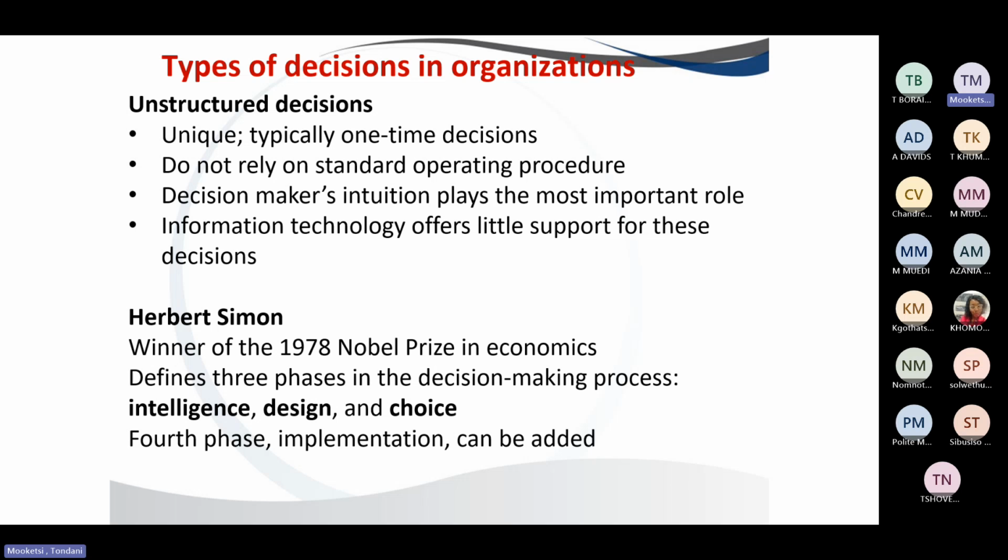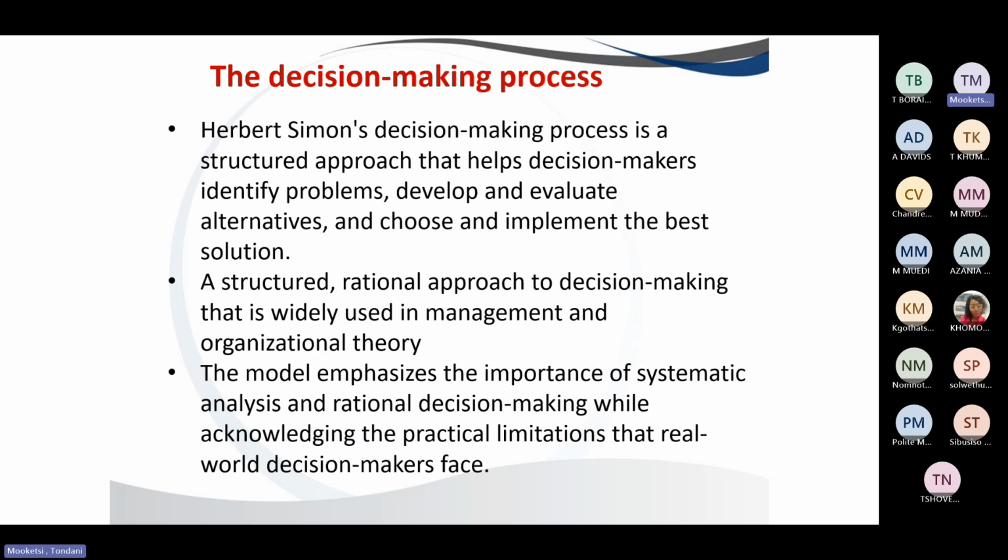So this process has 3 phases. First is the intelligence phase, then design, and the choice phase. We can also add a 4th phase, which is implementation. So we're just going to talk a little bit about that process.